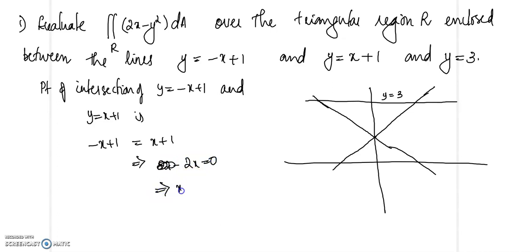So we'll get x equal to 0. So x is 0, and when x is 0, y is equal to 1. So the point of intersection is the point 0, 1. So this is the line y equal to minus x plus 1, and this is y equal to x plus 1. Now this is our region R.